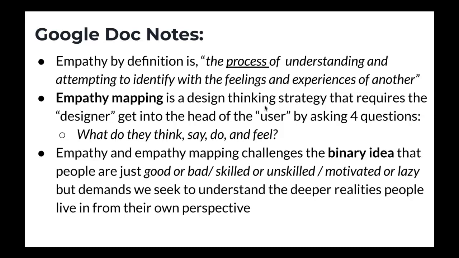Empathy mapping asks us as innovators to really seek to understand those complex realities, those deeper realities that people live every day, to understand instead of just make decisions based on our simplistic thinking about how they live or what their situations are. And so that's really crucial for us as we think about getting closer to designing our innovation for social change projects, that we don't want to view communities or people groups as a binary. We want to understand their complexities, and empathy mapping is going to help us do that.